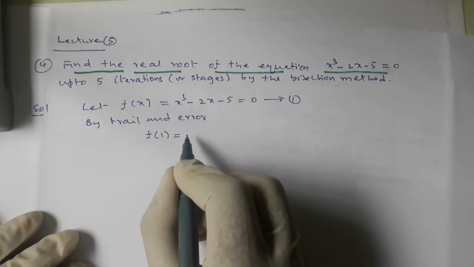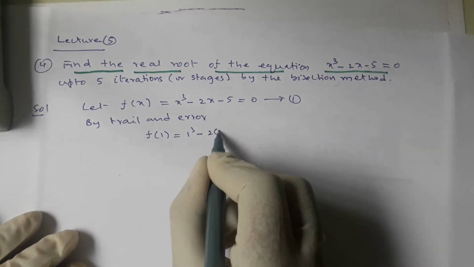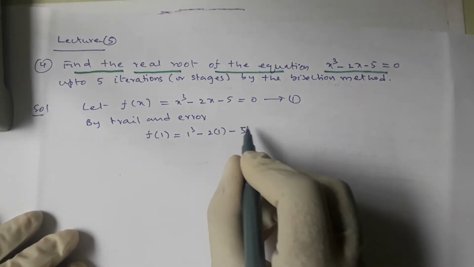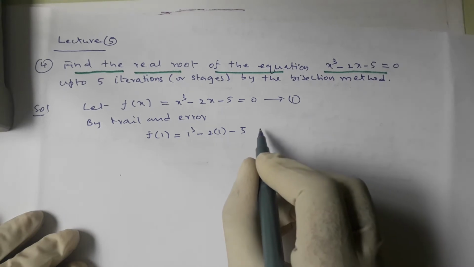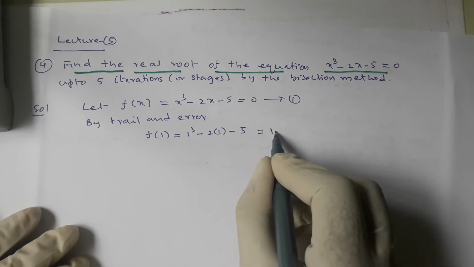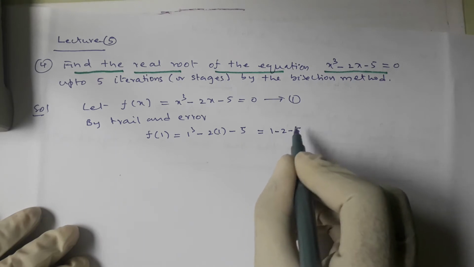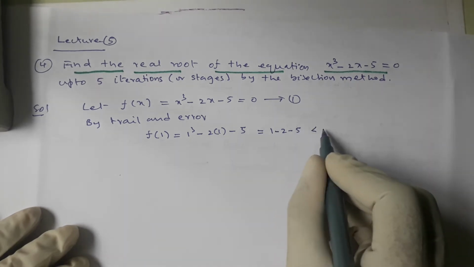So the f of 1 is equal to 1 cube minus 2 into 1 minus 5, which on simplification is 1 minus 2 minus 5 is equal to minus 6, which is less than 0.